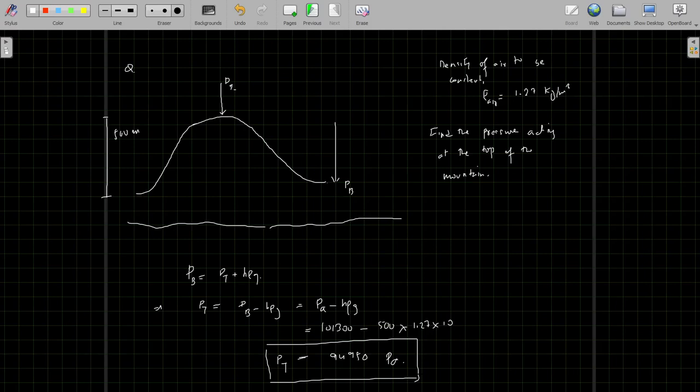Now let me give you two homework questions which you can try on your own. First, considering all these questions, you will consider the density of air to be constant, which it is not.